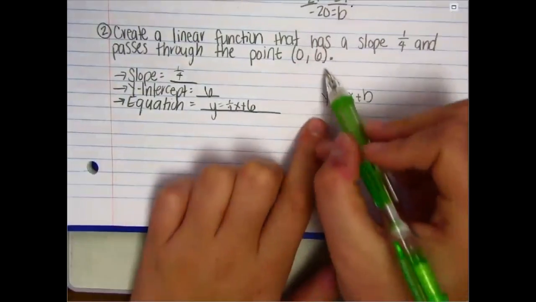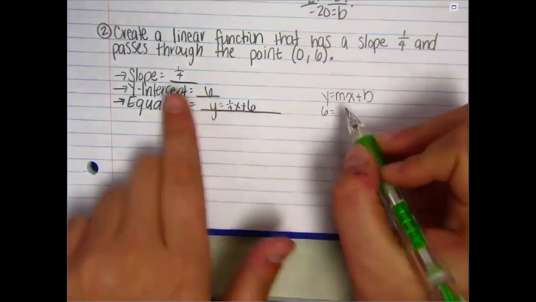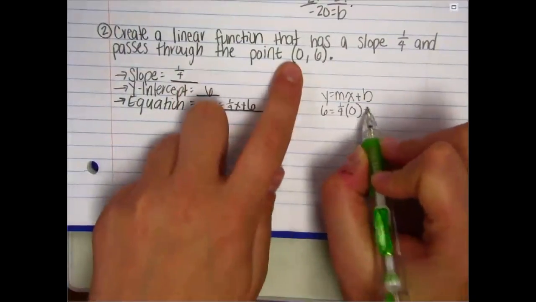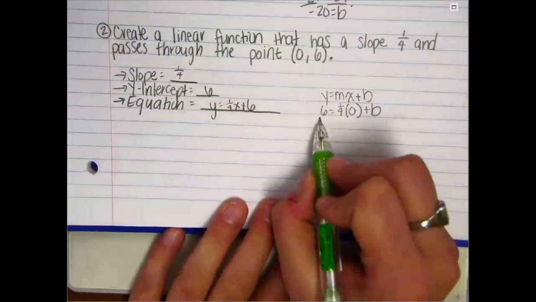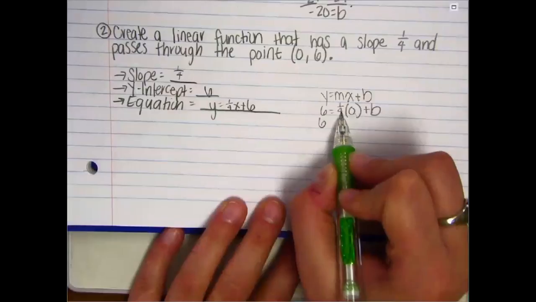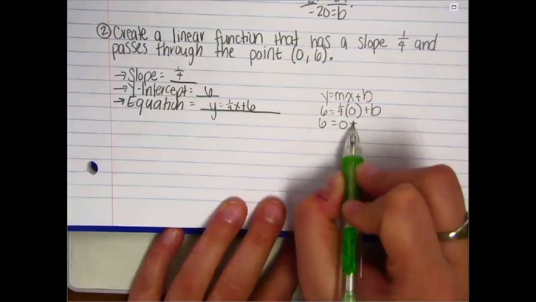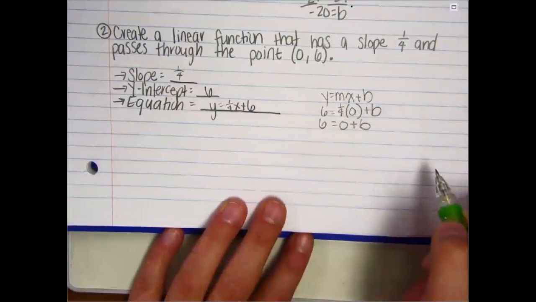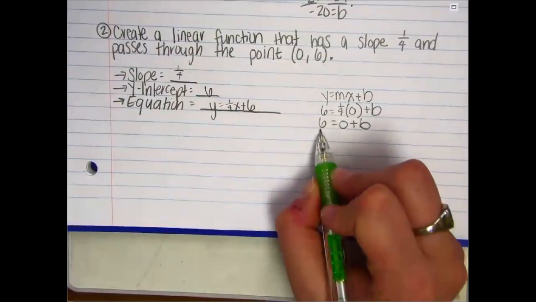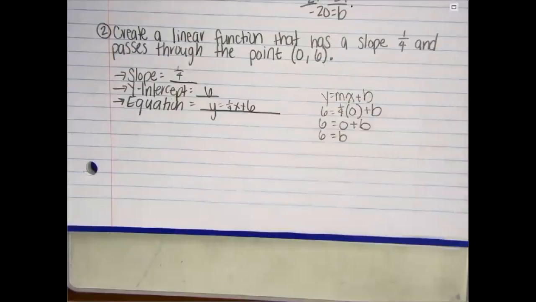So if I plug in 6 for y, 1/4 for slope, 0 for x, plus b. Well, 0 times any number is 0. And if I add 0 to any value, does it change the value? No. So 6 is still equal to b.